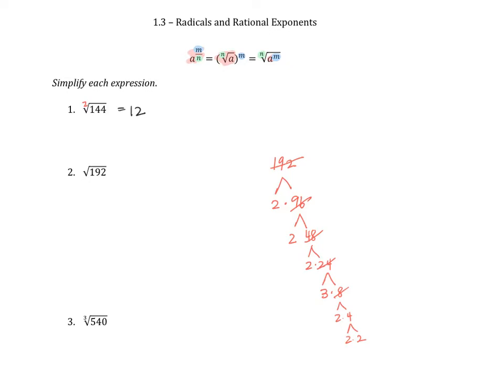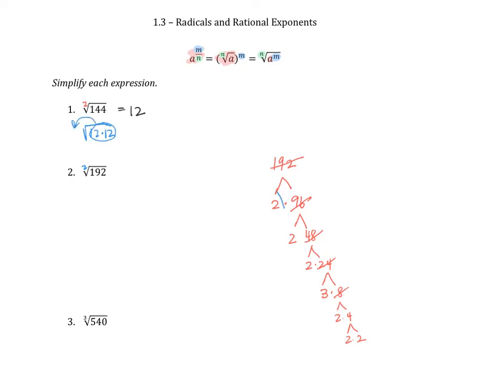Since this is a square root, and it's understood to have a 2 right here, we're looking for groups of 2. So anything that has a pair will come out of the radical. So on number 1, we could have broken this down into 12 times 12, and since there's 2 of them, the 12 comes out as 12. That's how we get 12.